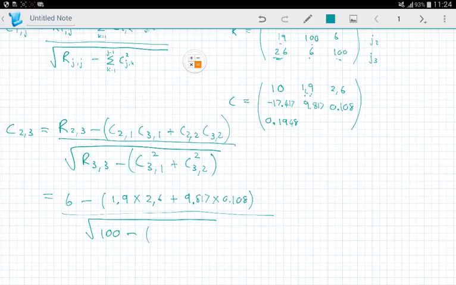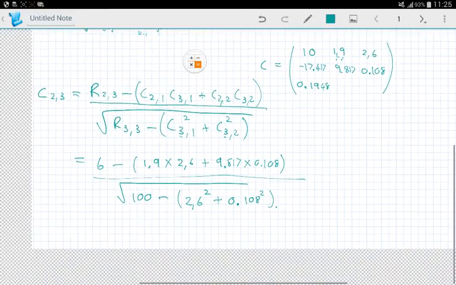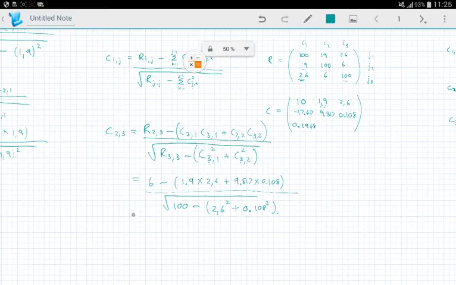C31 squared, which is 2.6 squared, plus 3,2 is 0.108 squared. But what's getting me confused, or dyslexic, is the fact that we're using the j value in the i position. That's why I'm being slow, I am getting freaked out by that.